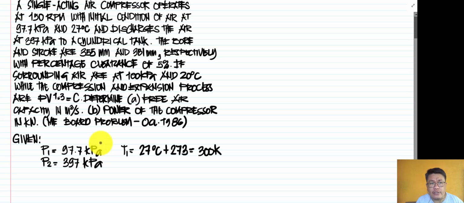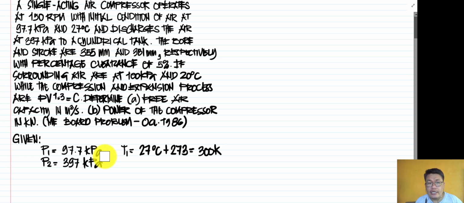For the pressure, take note of this also, the 97.7 kPa, the problem does not state if it is absolute or gauge. Usually if the problem has a symbol, a letter G in the given, it means that your pressure is in gauge pressure.